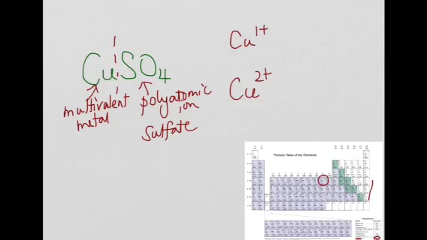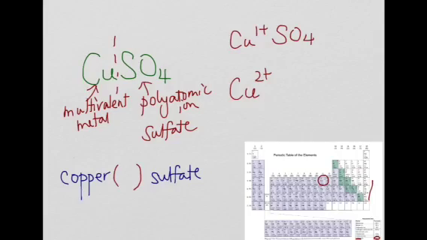So that means that our name is going to be copper, and we have to tell people which one it is, so we're going to need a bracket and then sulfate. Let's figure out which copper we're using. One way to do this is trial and error.